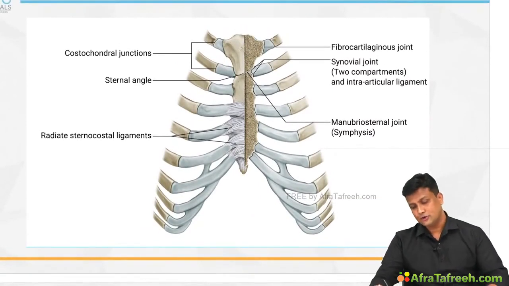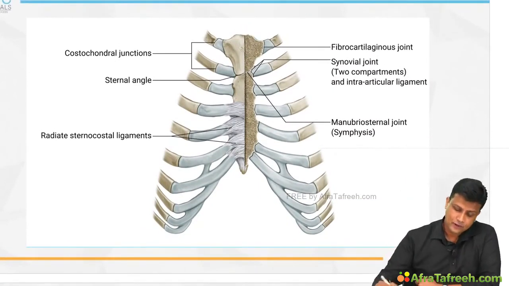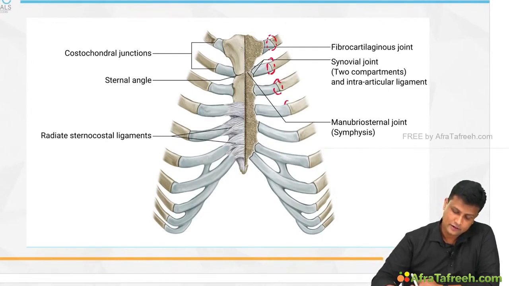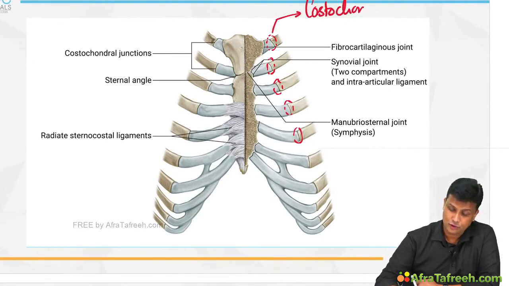Before moving on to the synovial joint, I'll tell you one more thing here. The joint between the rib and the costal cartilage, that is the costochondral joint.